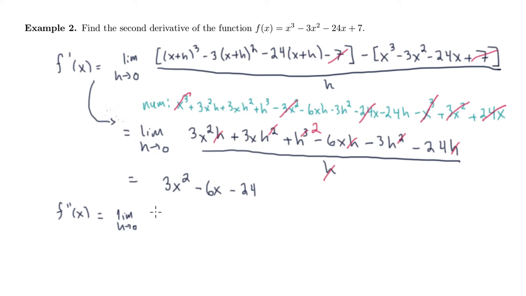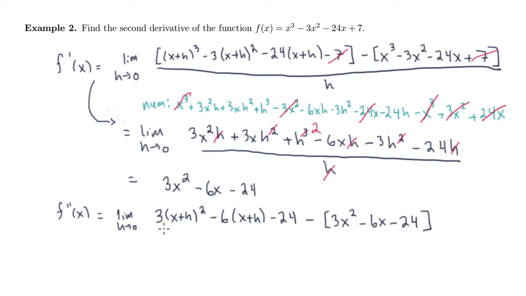So this is going to be 3 times x plus h squared minus 6 times x plus h minus 24 minus f prime of x, which is 3x squared minus 6x minus 24.